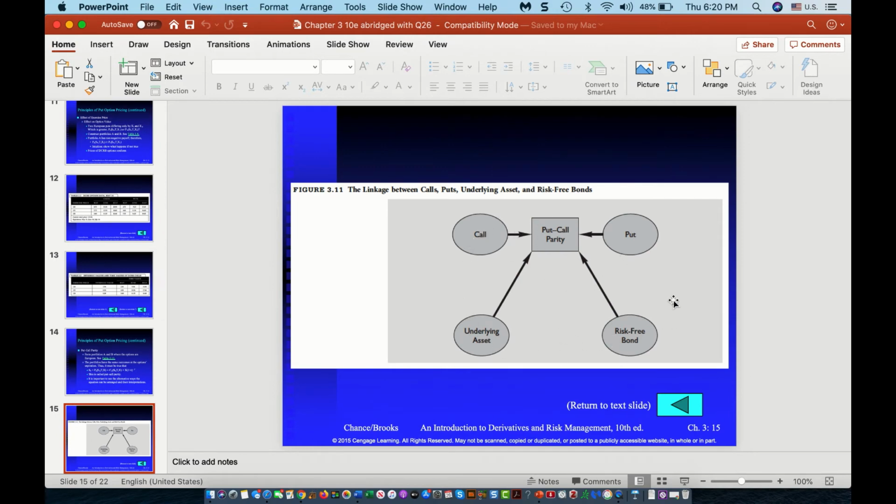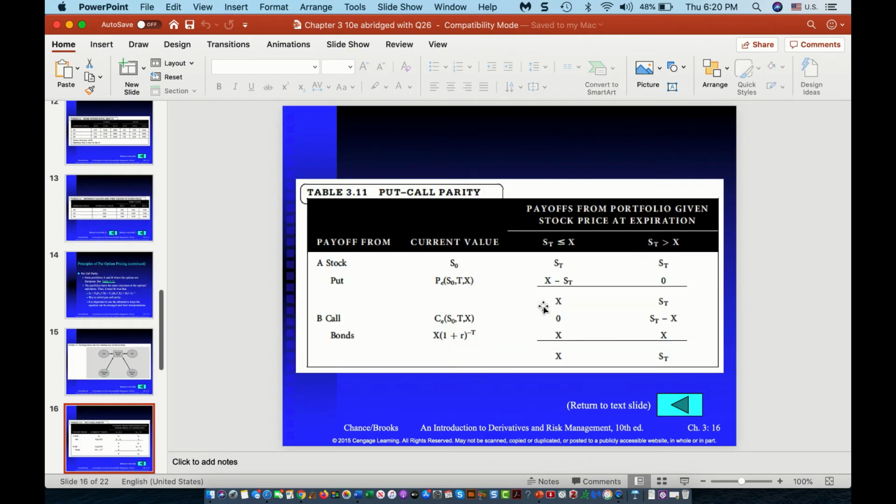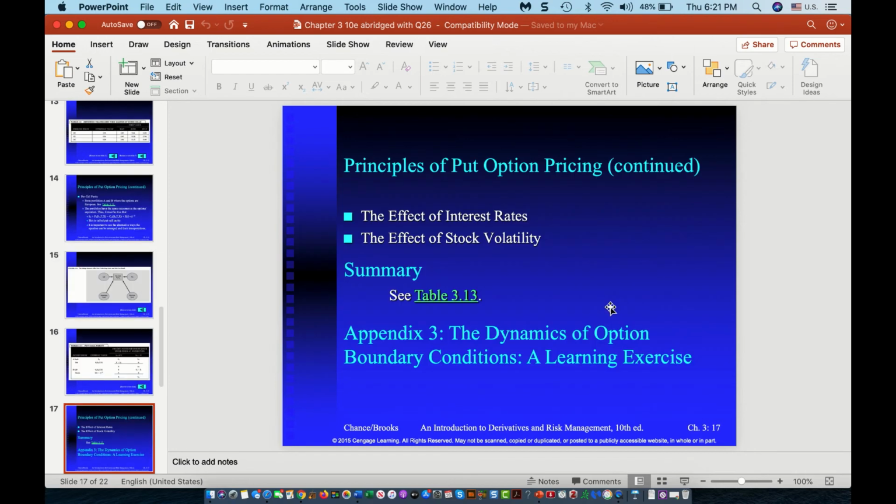And the picture tells you who are the players in here: call, put, stocks, and bonds. And why do we say put-call parity? The left hand side of the equation, long stock and long put, is equal in cost to long call and long bond, which is on the right hand side. The reason being that they deliver the same output. Therefore, anything that delivers the same output has to cost the same.